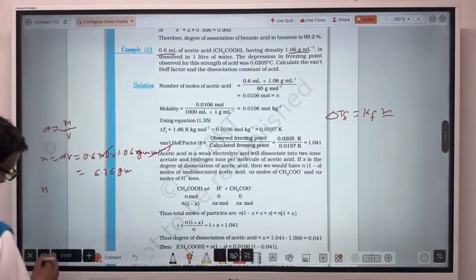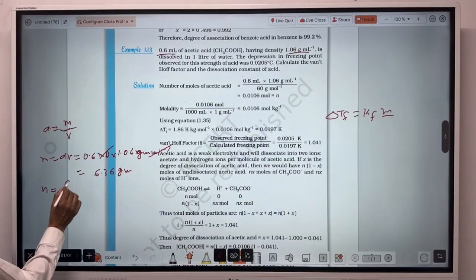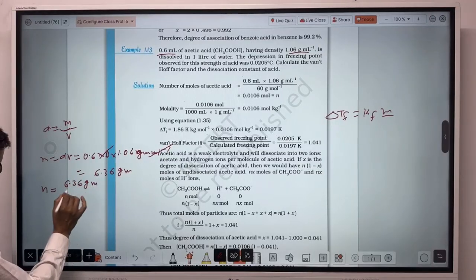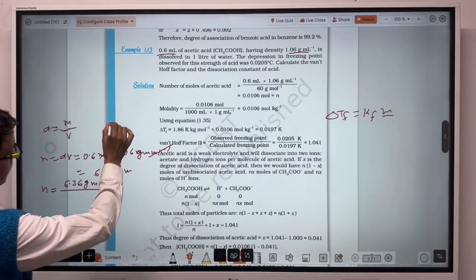So the number of moles of acetic acid will be equal to 6.36 grams upon the molecular weight of acetic acid, which you will have to find out.